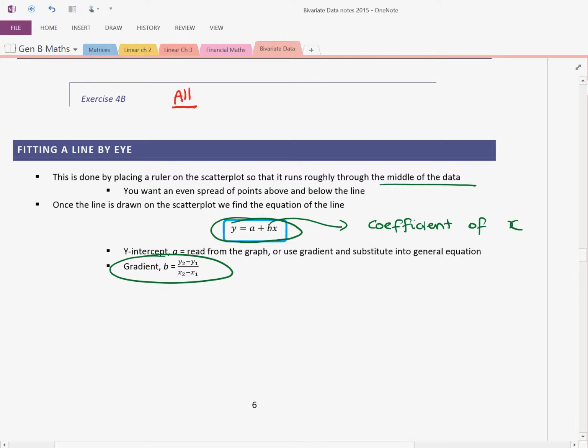y2 minus y1. Well, let's consider two coordinates. If I have a coordinate here and a coordinate here, the one on the left is always the 1, okay? So x1, we call that. That has a coordinate of x1. And what's this other coordinate? y1. Now, of course, this coordinate, because it's on the right, is x2, y2.